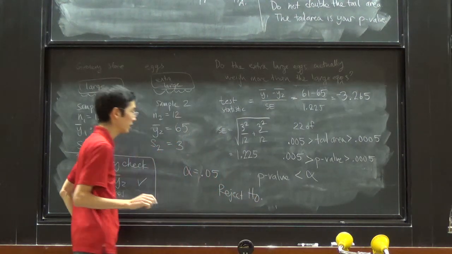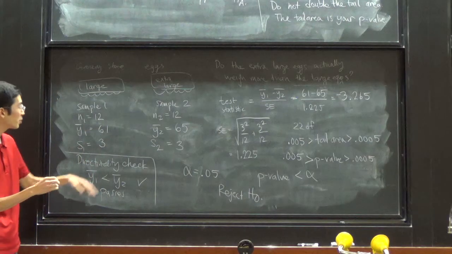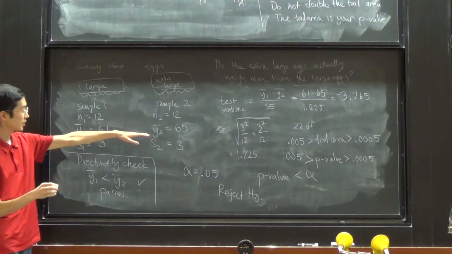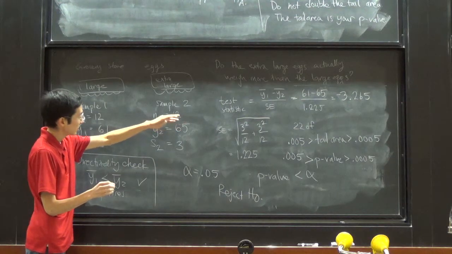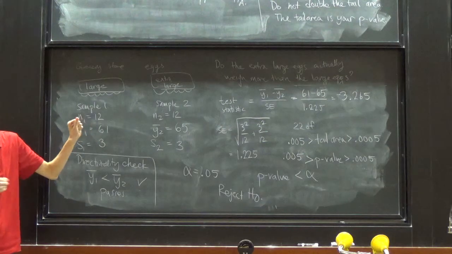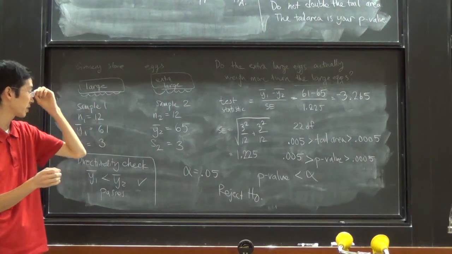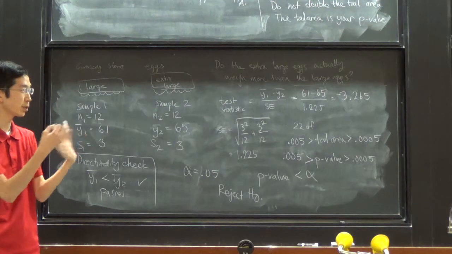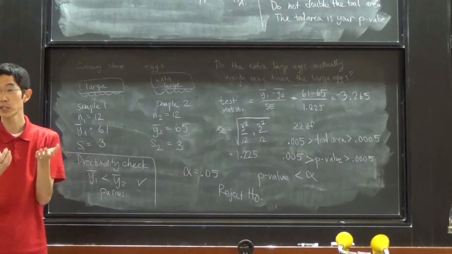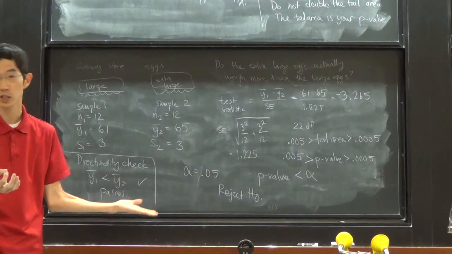Okay. And I say the probability of seeing a dozen eggs where the average is 65 and a dozen eggs where the average is 61 and getting a 4-gram difference from random chance alone is so small that I'm going to ignore it.